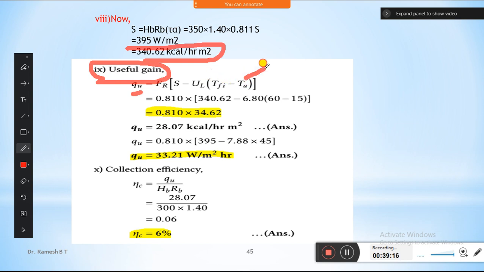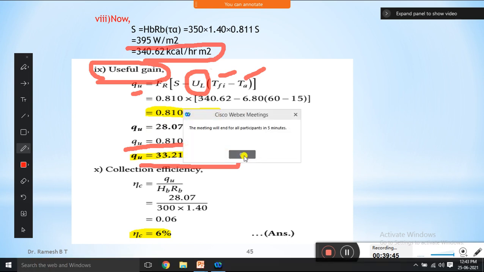These two values are given in the data, and this one we just got, 6.84, and S we just got, and the FR factor is also given in the data, 0.810. By substituting that and simplifying, finally we got the value of QU, that is 33.21 watt per meter square hour.